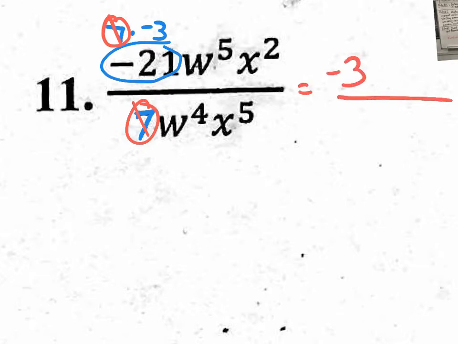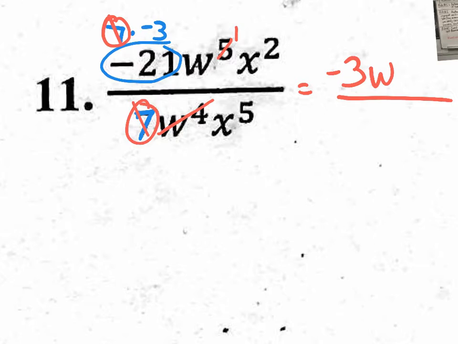Does that make sense? Okay, now let's go for the W's. You have 4 W's on the bottom, 5 W's up on the top. All 4 W's cancel out with 4 of these 5, and you'll have 1 left up on top. Does that make sense? So I really just have a W. You could put it to the 1 power, but that's unnecessary. The W means that it's to the 1 power.